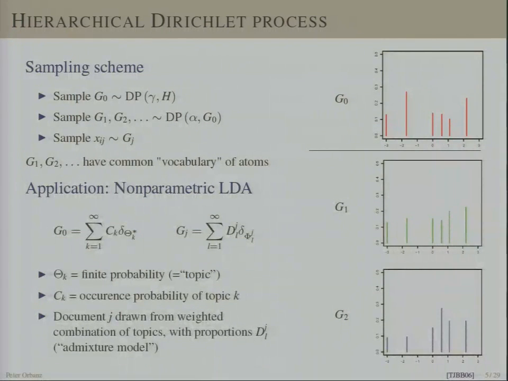So you want to represent documents by a combination of topics. Yeah? And you can do that in a non-parametric way using exactly this idea here, this hierarchical Dirichlet process. So what do we represent here? These locations of the atoms are topics.